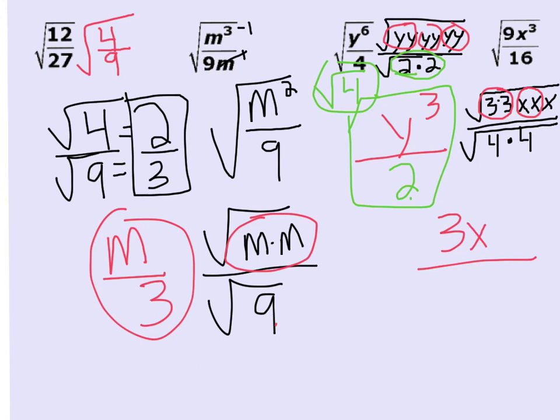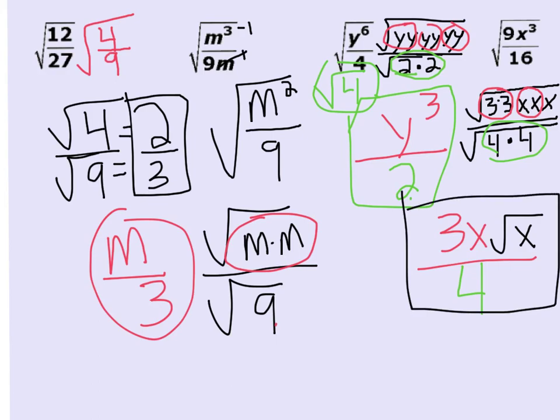But I still have 1 x left inside, so I need to show that this x is still in jail. Here I have 1 pair of 4's, so I'm going to write that here. Let's look. The square root of 16 is 4. The square root of 9 is 3. Looks like it worked. Here's my answer.